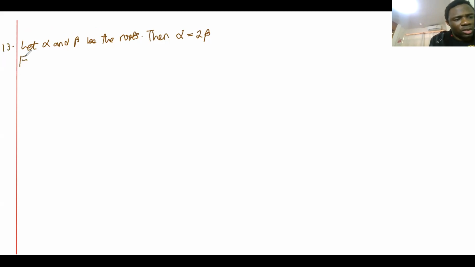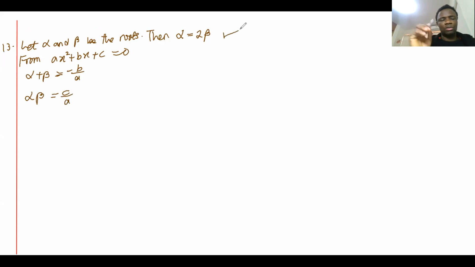So from the equation itself, what do you see? Alpha plus beta is, because you already said alpha and beta are the roots, negative b over a. Alpha beta is c over a. But you know this, right? So I can call this 1, and I can call this 2. So I'm going to try to eliminate the variables and make it just one variable.